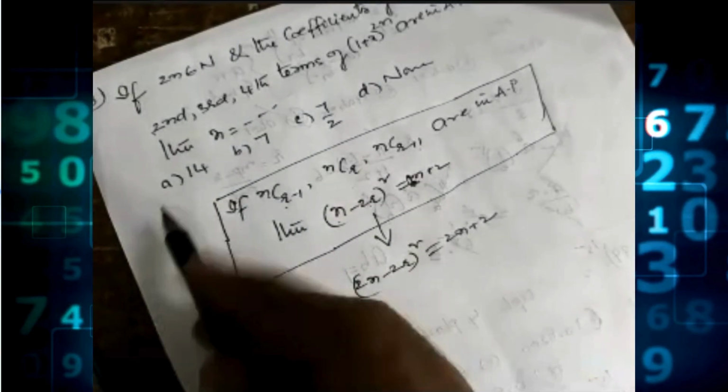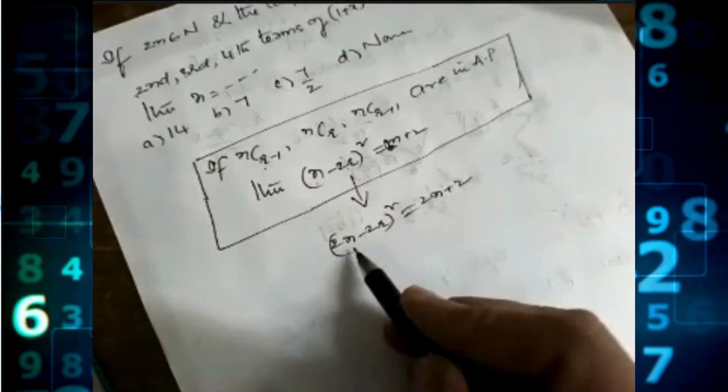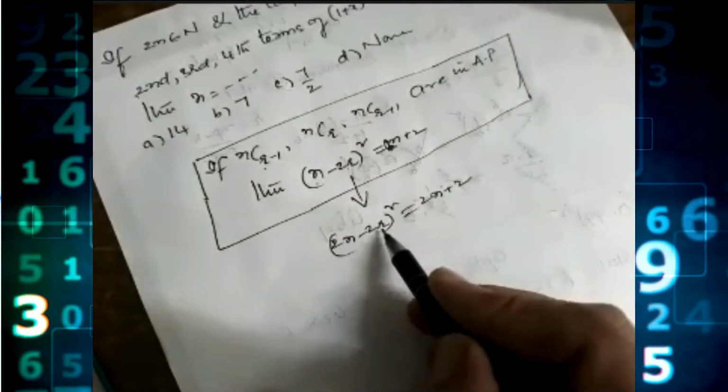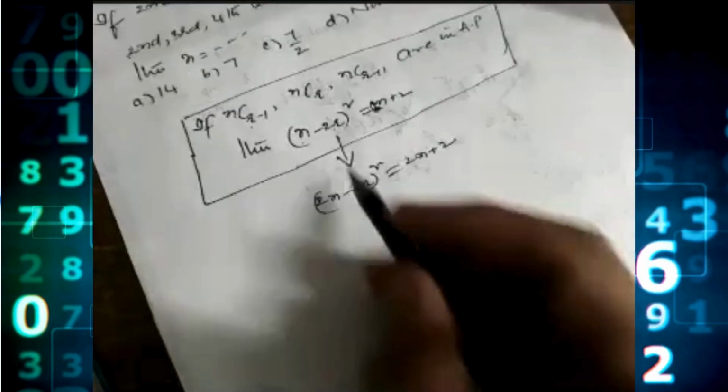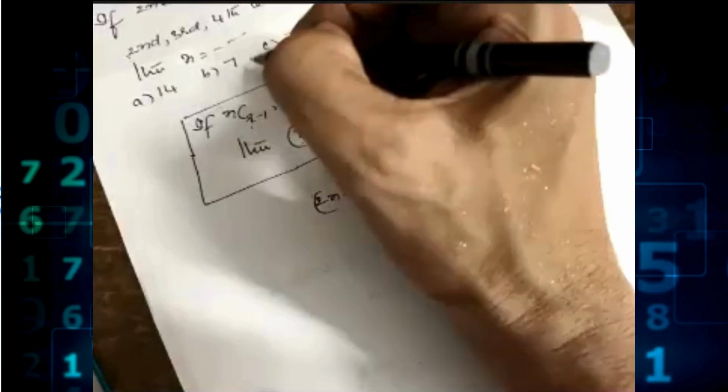If you put 14, 2 into 14 is 28, 28 minus 4 is 24 whole square, not possible. Next 7, 2 sevens are 14, 14 minus 4 is 10, 10 whole square is 100, not possible. Put 7 by 2: 2 into 7 by 2 is 7, 7 minus 4 is 3, 3 whole square is 9. 2 into 7 by 2 is 7, 7 plus 2 is 9. Excellent, 7 by 2 is satisfied.